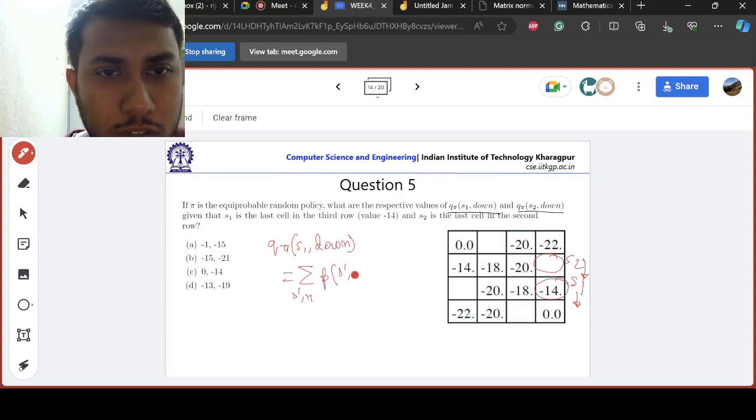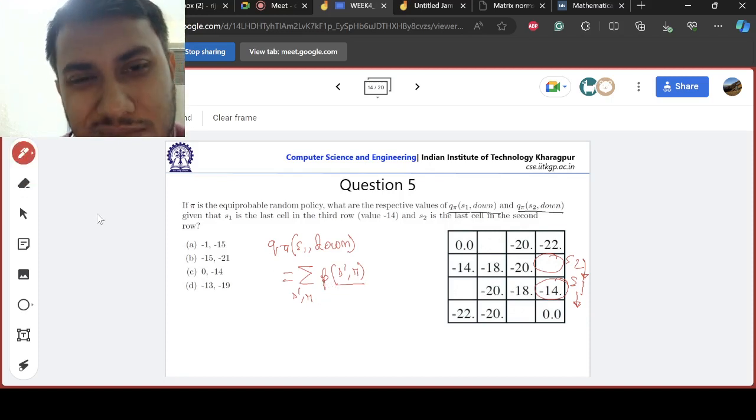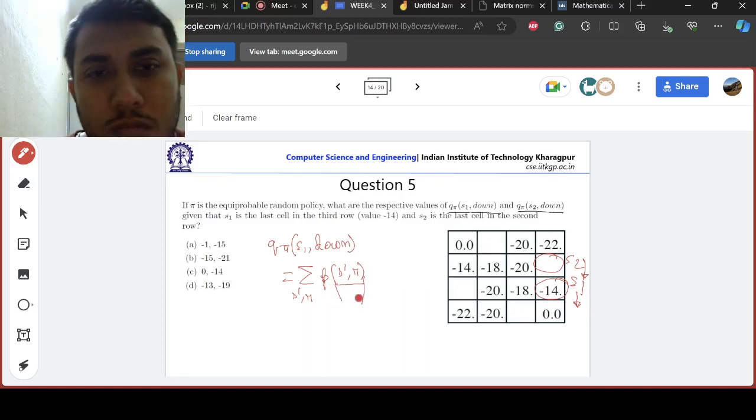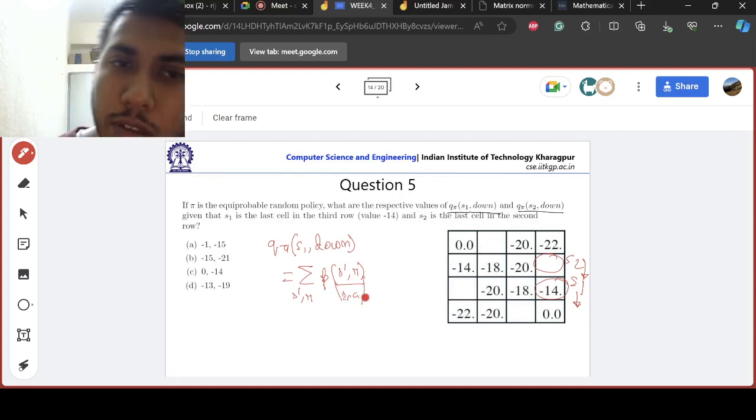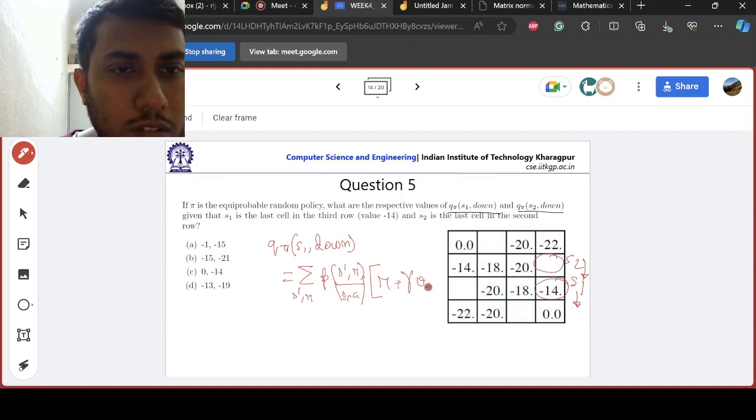Q of s, a is the sum over s dash, r of p(s dash, r | s, a) times (r plus gamma v pi s dash).